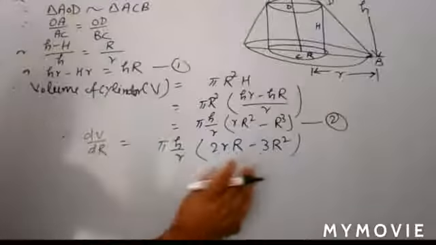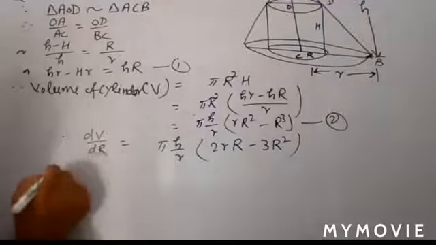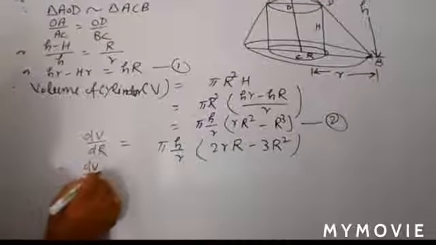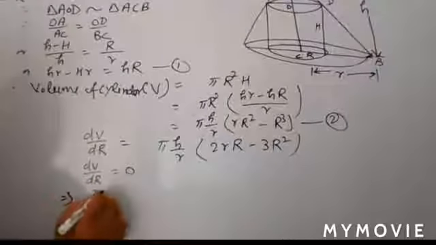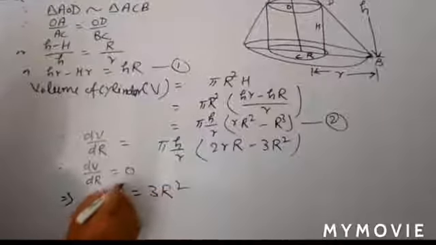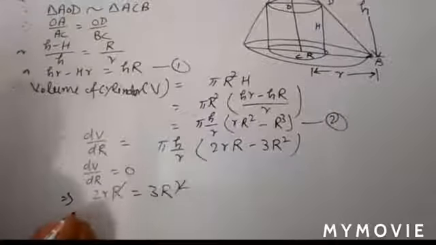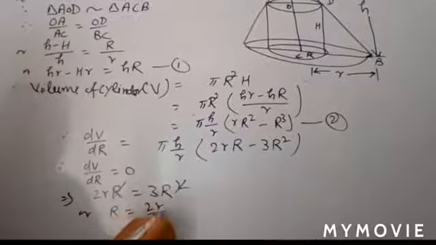So here you have a relation, the value of dV by dr. Now dV by dr is equal to 0 implies 2 small r capital R is equal to 3r square. You can cancel out r here, and you have capital R is equal to 2r upon 3.